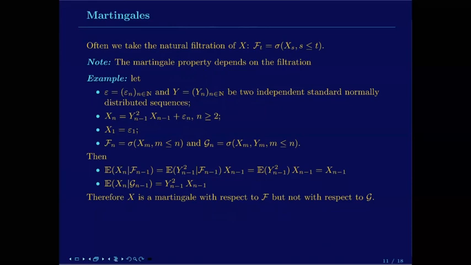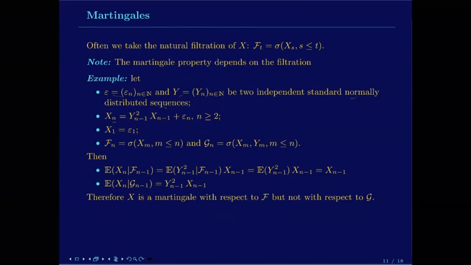We have two independent standard normally distributed sequences, epsilon and y. And we define x in this form. So it is a linear process. It depends on the past with this factor y n minus 1 squared plus epsilon n.